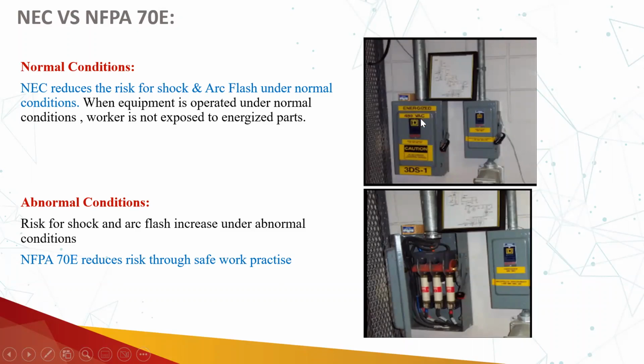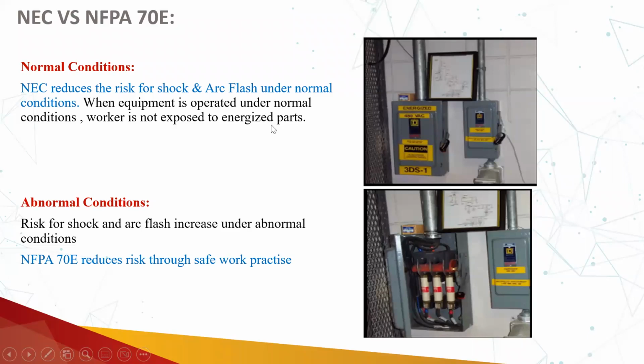I can come and I can perform its operation. Maybe it is providing supply to some lighting loads, or to the HVAC system, etc. So I can perform. But if it fails, or if this equipment has not been maintained over a period of time, then it will not be considered under normal operating condition.